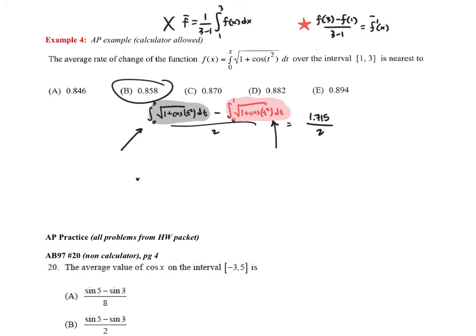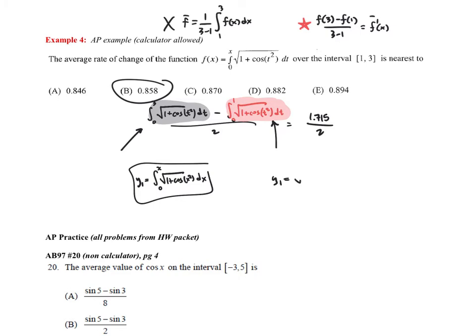Now if you typed into y1, and you pressed math 9, and you went from 0 to x, the square root of 1 plus cosine of x squared dx, then what you could have done in your calculator, as opposed to pressing math 9 on your home screen, are your two alternatives.